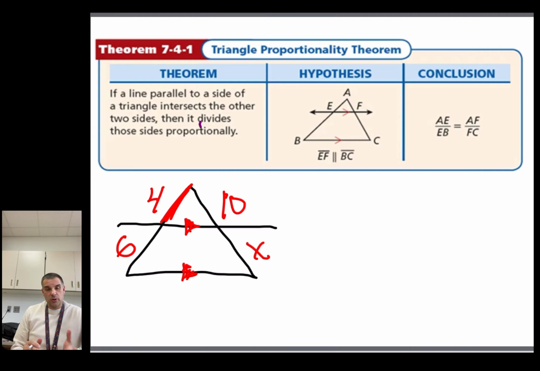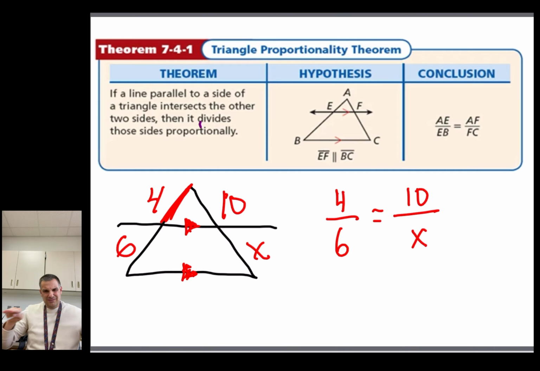So since they're proportional, what this theorem says then is because that's parallel, we could say that the ratio 4/6 has to be equivalent to the ratio of 10/x. So you use the intersecting line as your division line, so to say, and you put an equal sign in between. Okay? And it's always going to do this as long as these two things are parallel to each other.